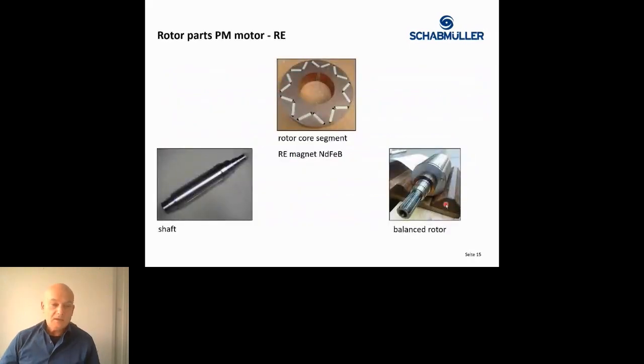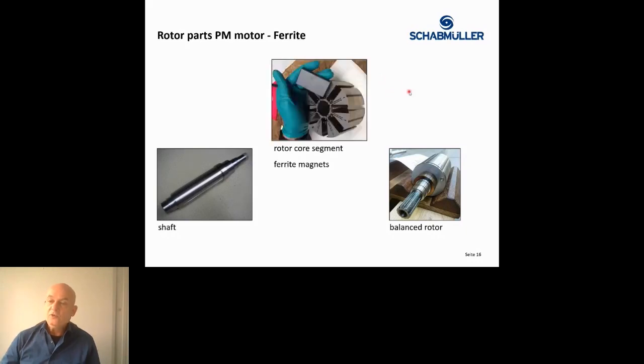So how can this look in practice? Those pictures show a rotor core segment from a machine equipped with rare earth magnets. It's an 8-pole design. The configuration is a V-shaped magnet, 2 magnets per pole. And looking at a permanent magnet motor type using ferrite material, this is showing the lamination.